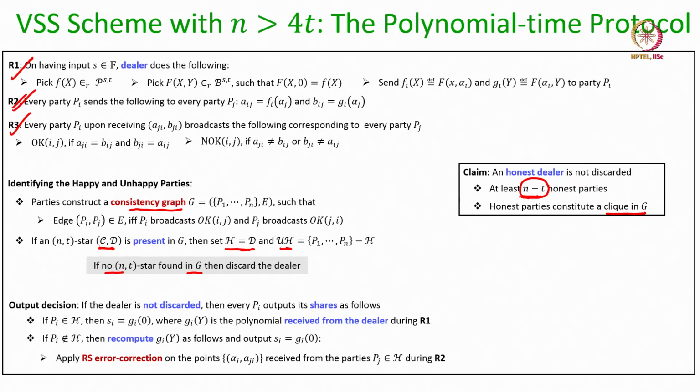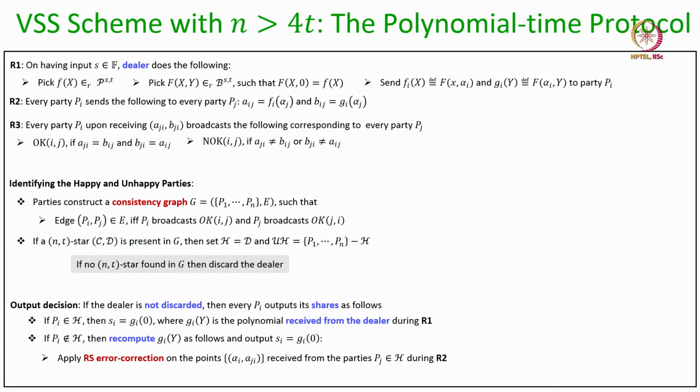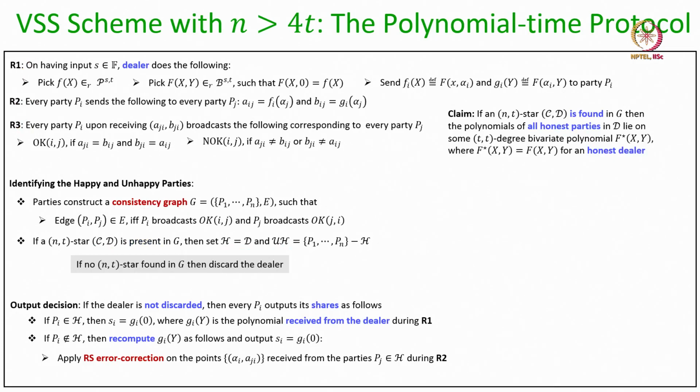And since for an honest dealer a clique is guaranteed in the consistency graph, it implies that an (n, t) star is also guaranteed, and as a result the sanity check will fail, and hence an honest dealer will never get discarded.